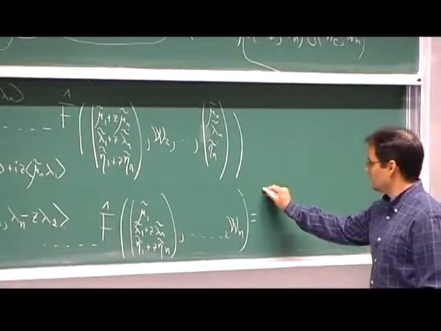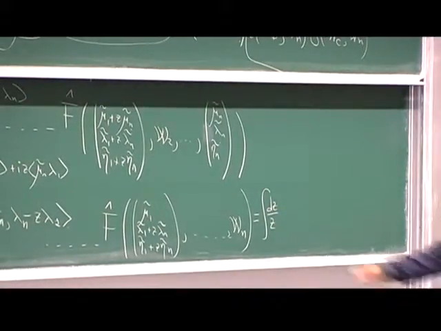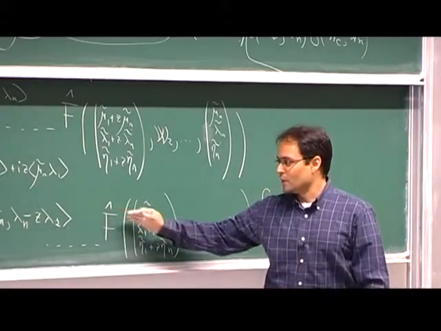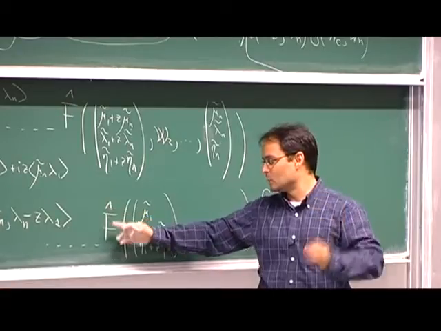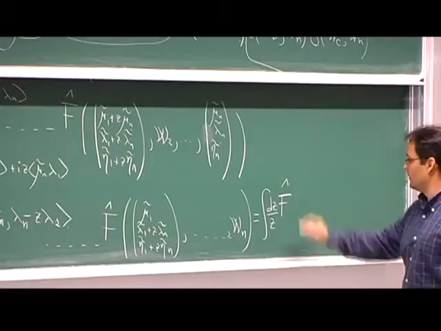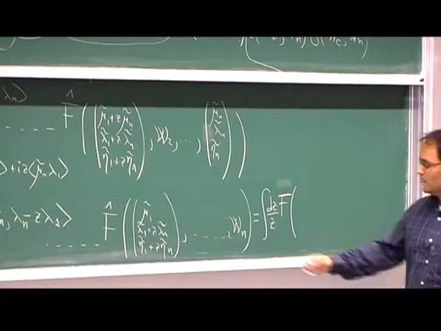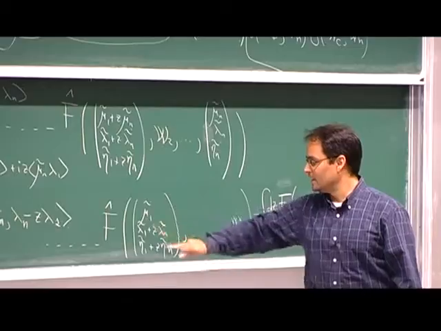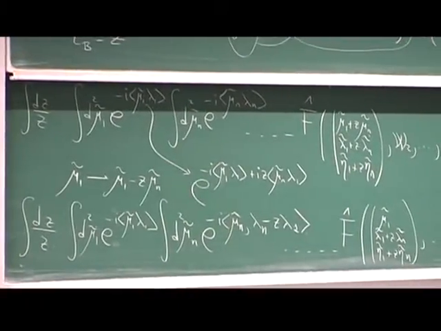Well, this thing is equal to the integral dz over z. I'm going to remove the hat because now I'm going back to the original momentum space. So it's not the Fourier transform of space anymore. It's not twistor space. It's the original space. F. Sorry, I said I was going to remove it. So f of what? Well, this guy is now replaced by this guy, right?